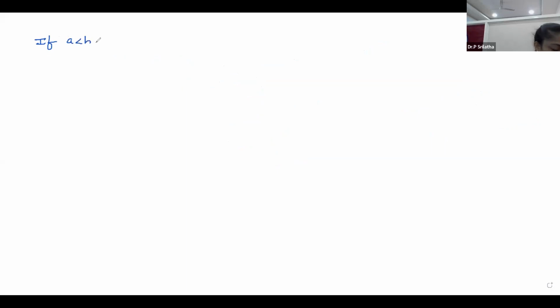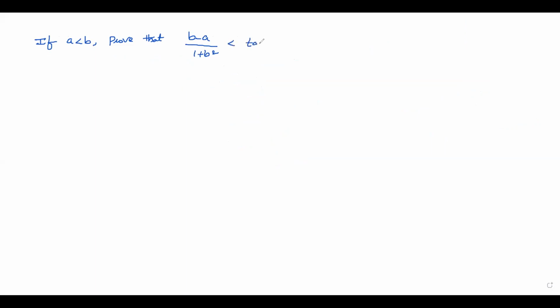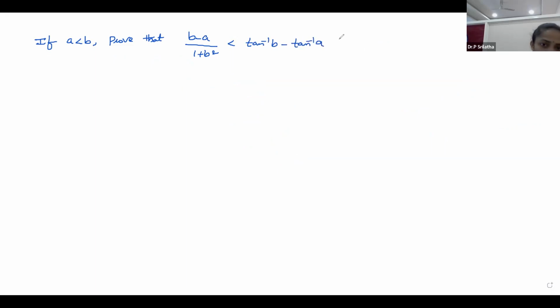If a is less than b, prove that (b minus a) divided by (1 plus b square) is less than tan inverse b minus tan inverse a, which is less than (b minus a) divided by (1 plus a square), using Lagrange's mean value theorem.